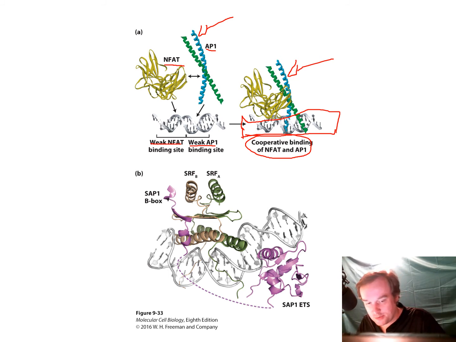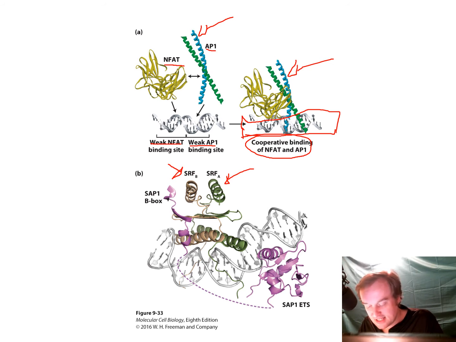So another example here is this SRF and SAP1 cooperative binding. And so this one's kind of interesting because SRF is also heterodimeric. So you see there's an A and a B subunit. And then SAP1 is monomeric.